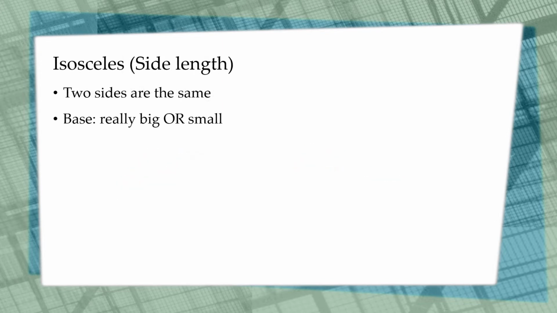Let's talk about the next type of triangle. We have isosceles triangles. That one's a little bit of a tongue twister, but I remember that isosceles have two sides that are the same length. And again, this can be whatever size triangle. We just have to remember that two sides are going to be the same length. And we can look for those tick marks again, but remember it's only going to be on two of the sides this time.